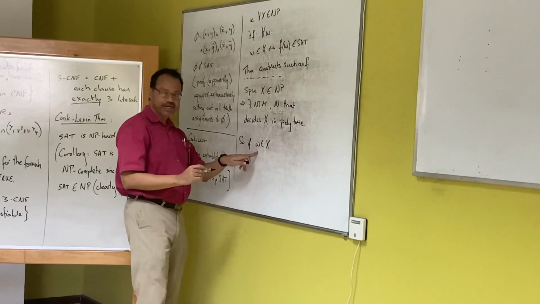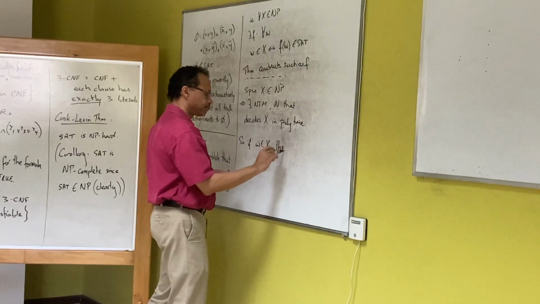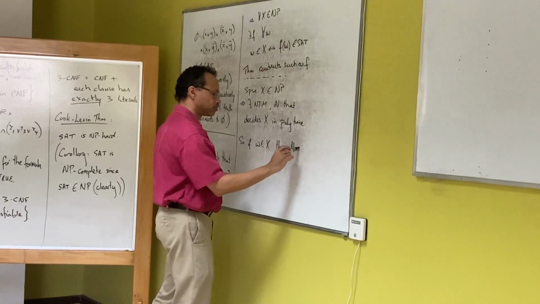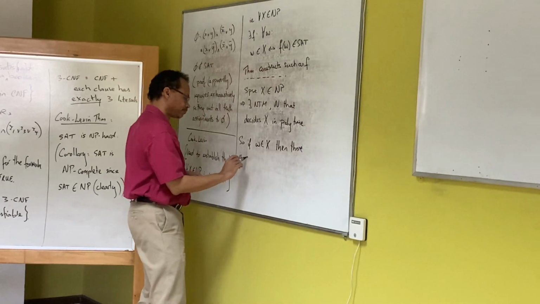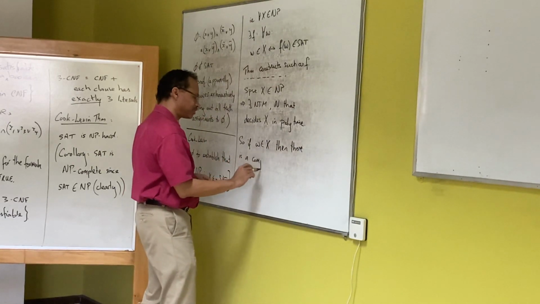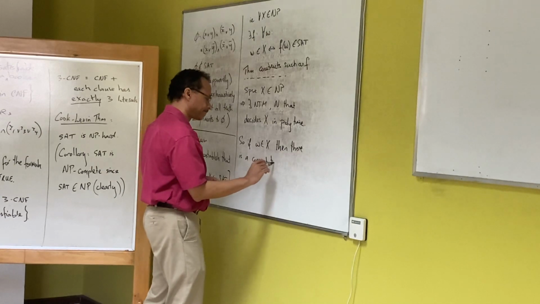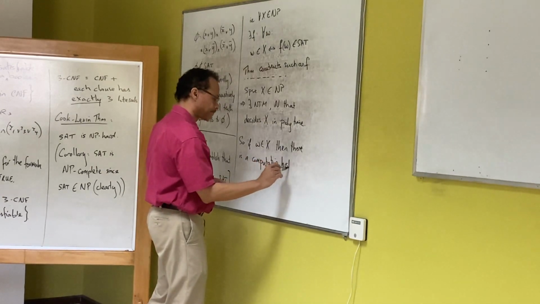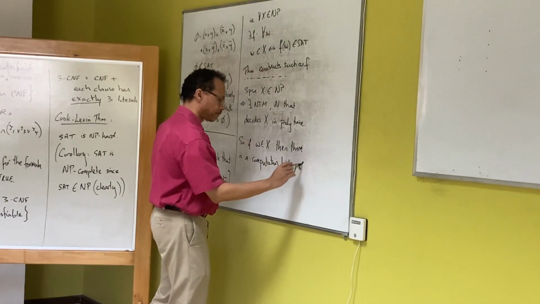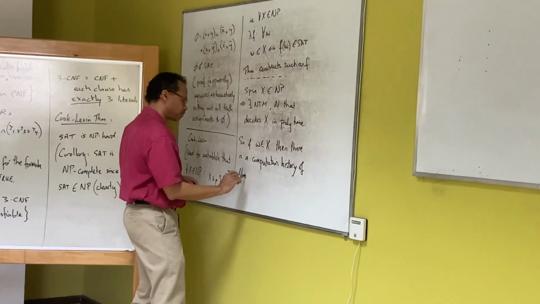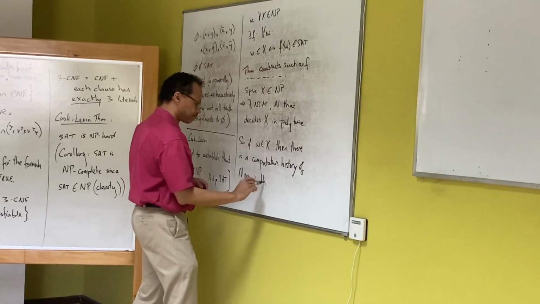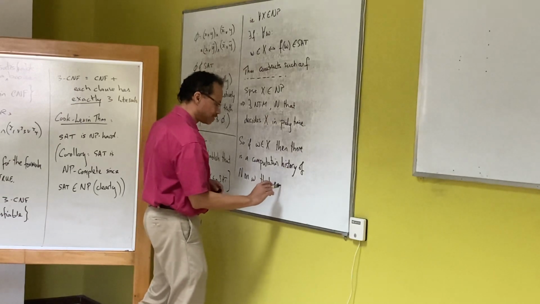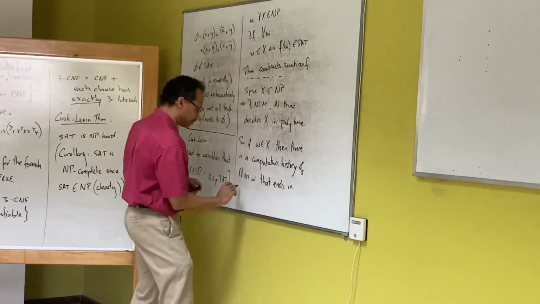If you have some string w in x, then there is a computation history of N on w that ends in acceptance.